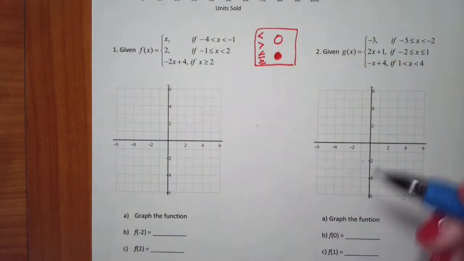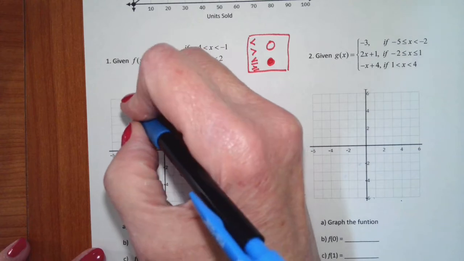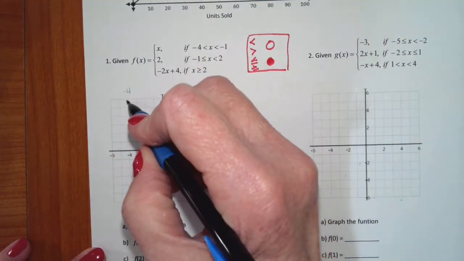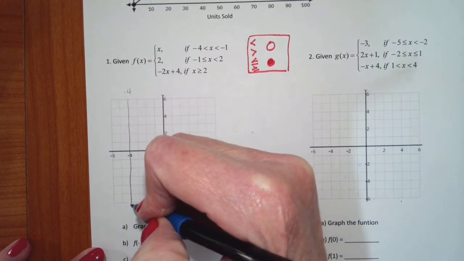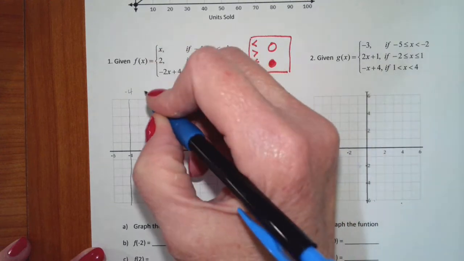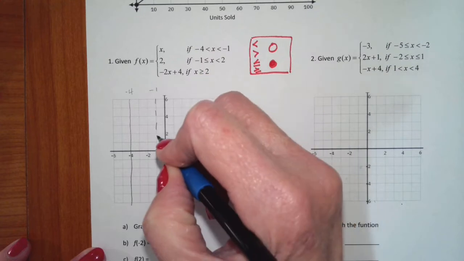Okay, now here's how I do it. I know I'm going to break this into different parts of the domain for different functions. So I know at -4, that is as far left as it goes. There is nothing over here. Then at -1, the graph is going to change.